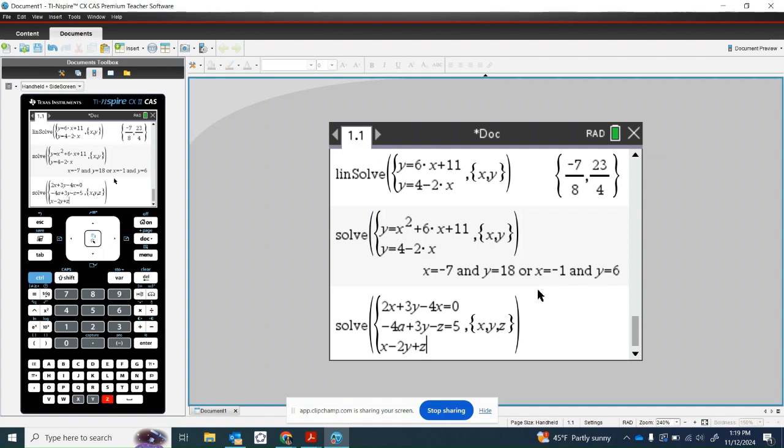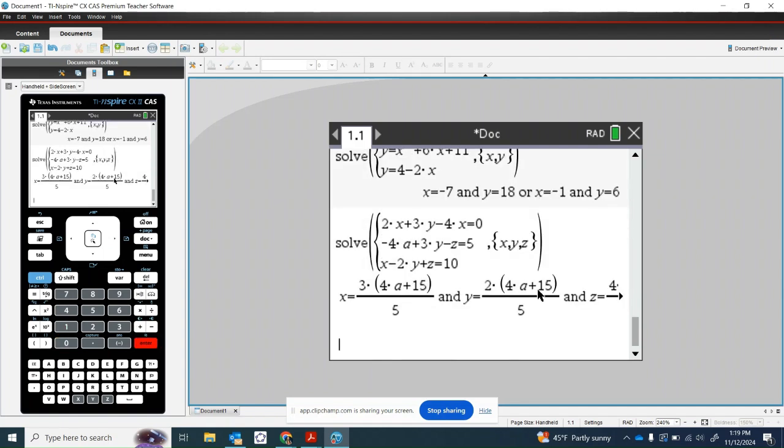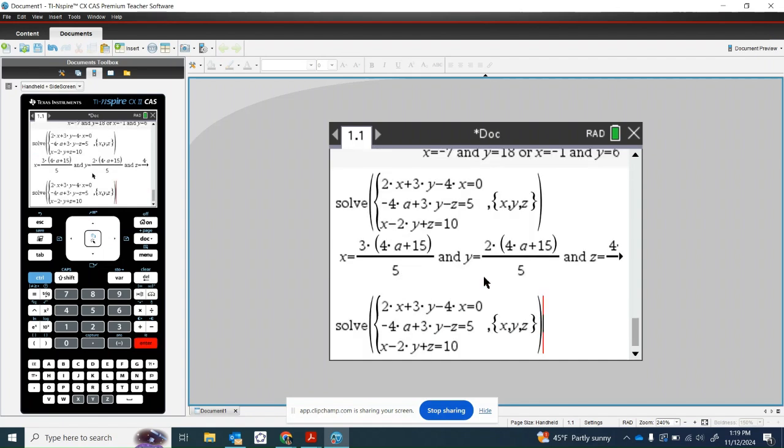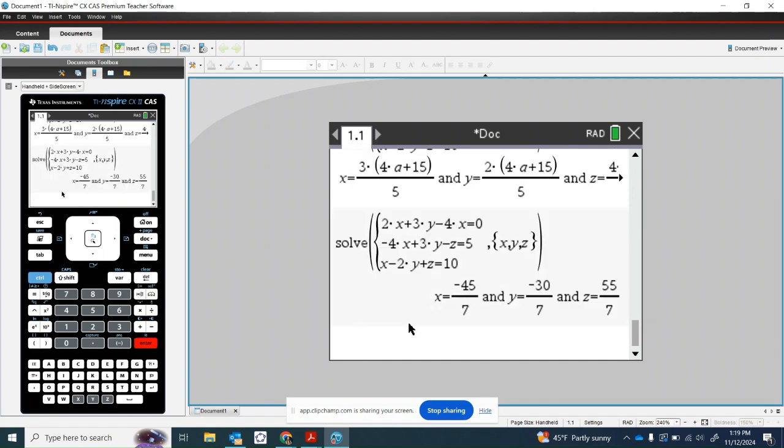Y plus z equals 10. Okay, so this one is a dependent. Oh my goodness, nope, I typed an A instead of an X. That is my fault. Let's try that again. There we go. So there was a unique solution. So clearly you can see if you get a funny answer, you may have done something wrong. I just typed an A instead of an X. So I've got to be careful with that.